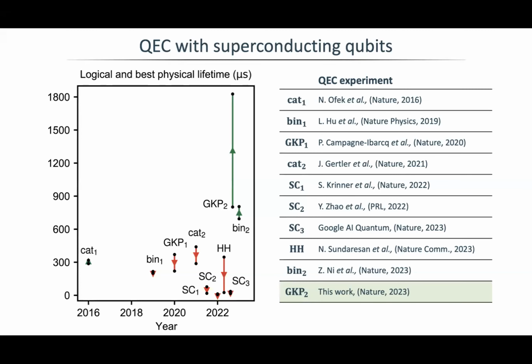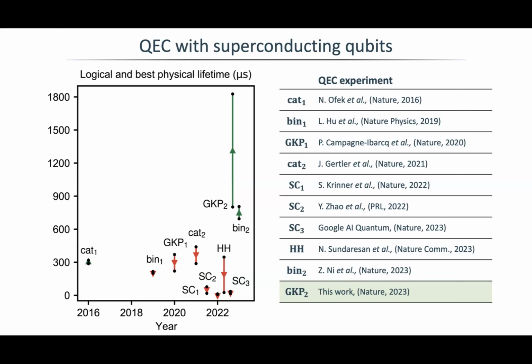And so there are all these different experiments on error correction, and for each experiment, there are 2 points. One point shows the lifetime of the best passive qubit that can be created in that system, and another point shows the lifetime of the actively error-corrected logical qubit. And the arrow goes from the best passive to active.